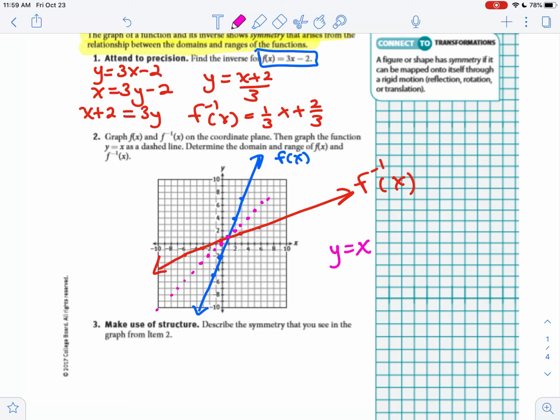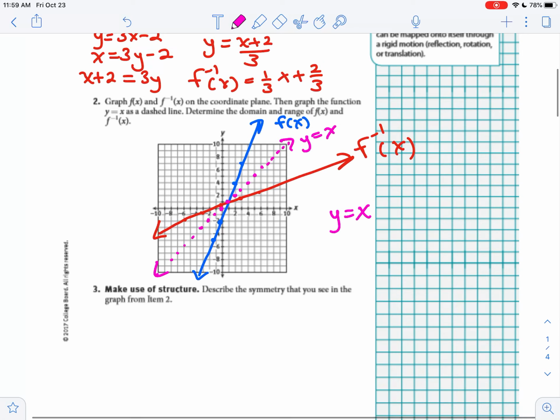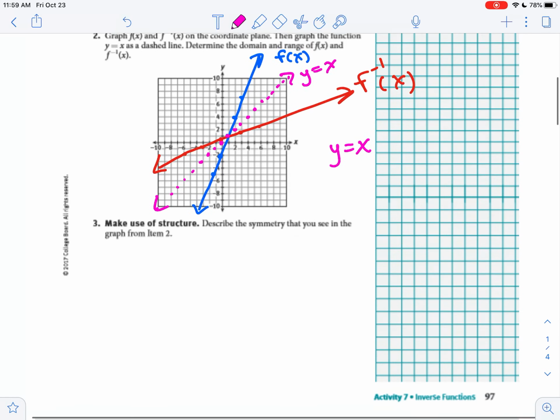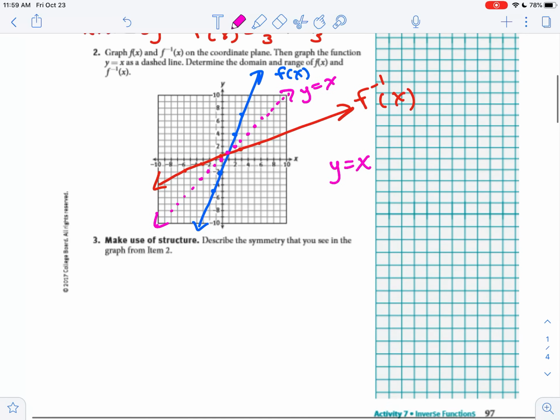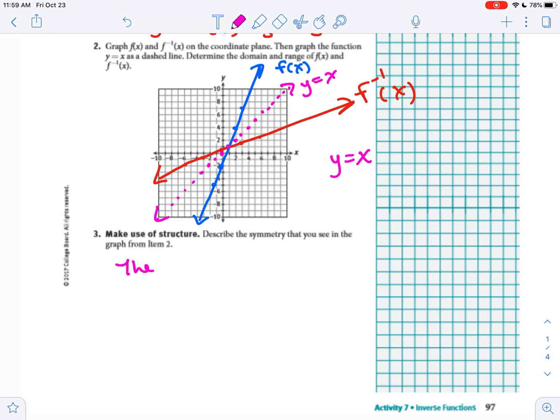That means there are ordered pairs at 1, 1, and 2, 2, and 3, 3, and 4, 4, and so on. So this becomes a symmetry line, and f of x and f inverse of x are symmetrical to the line y equals x. That's because the x and the y switch places, so the domain becomes the range and the range becomes the domain.